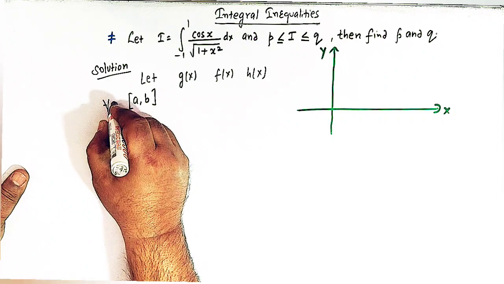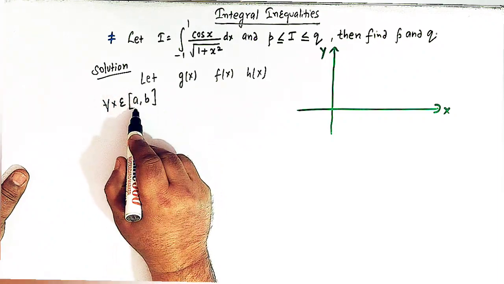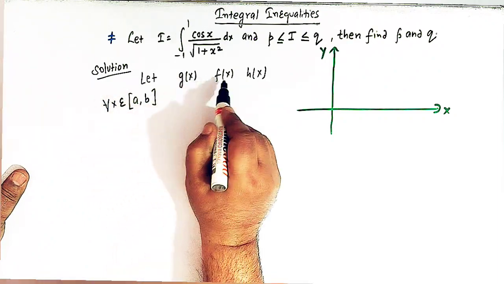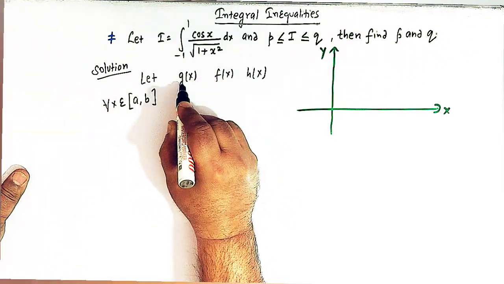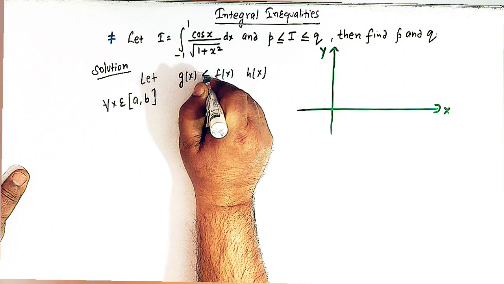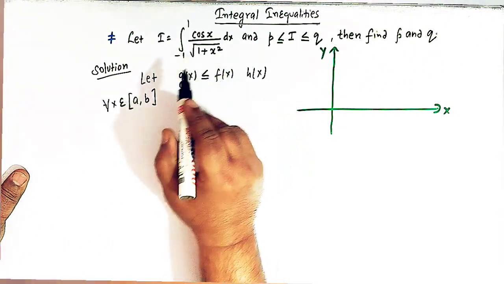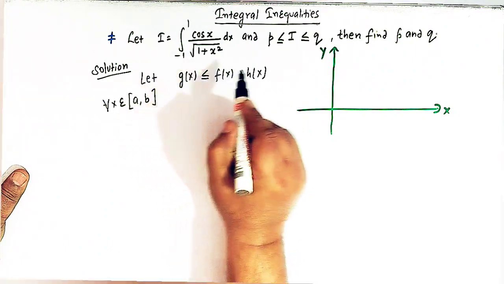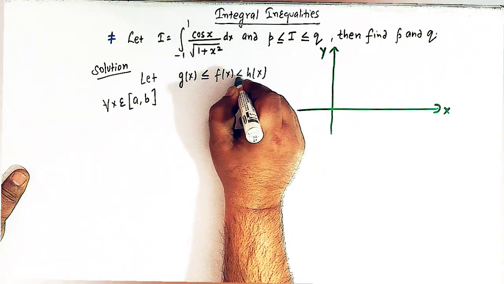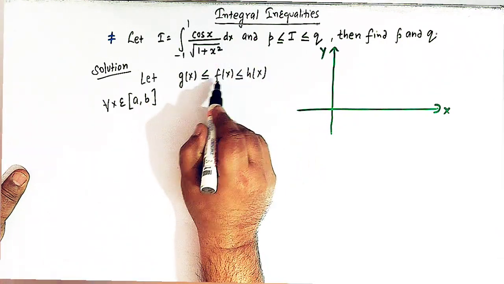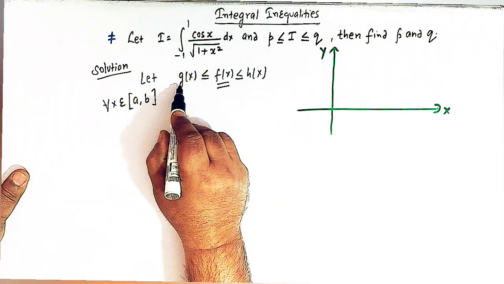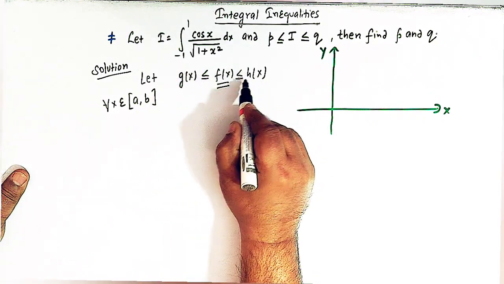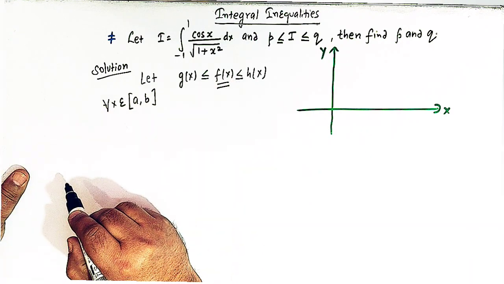For all values of x in this interval, the relationship between these three functions is that f of x lies between g of x and h of x. So we have the inequality f of x is greater than or equal to g of x but less than or equal to h of x, right?